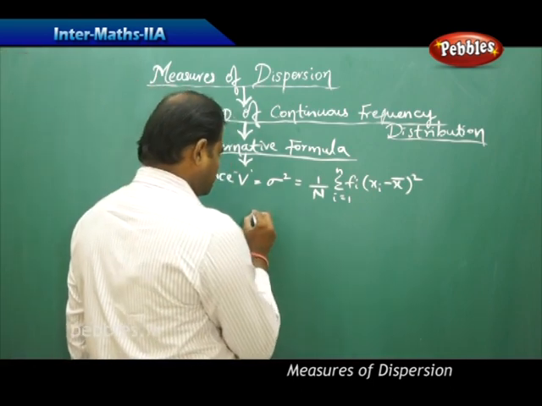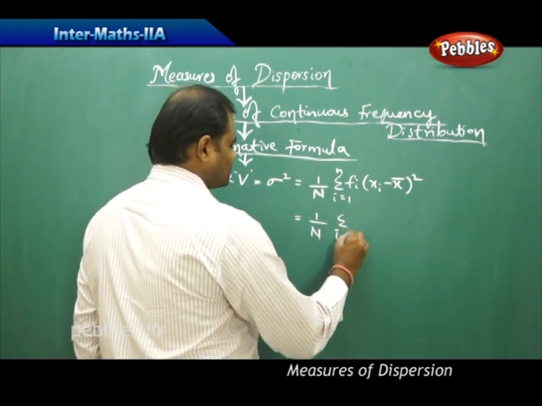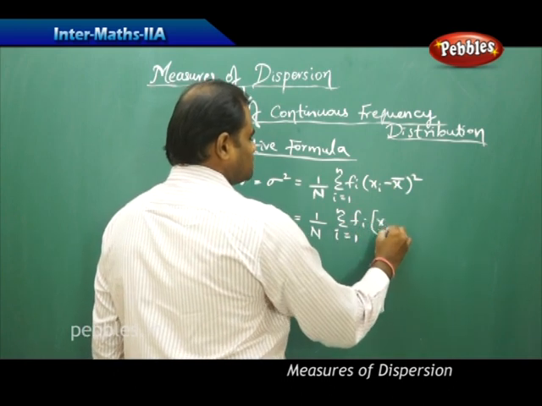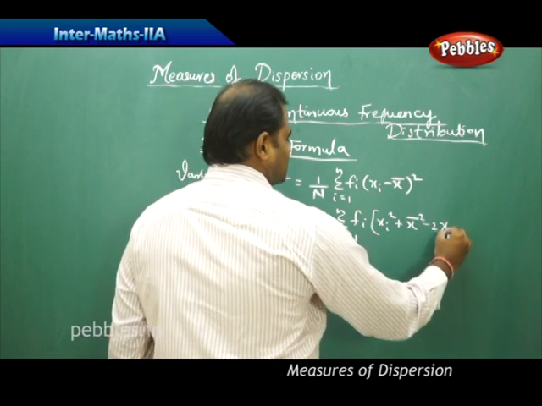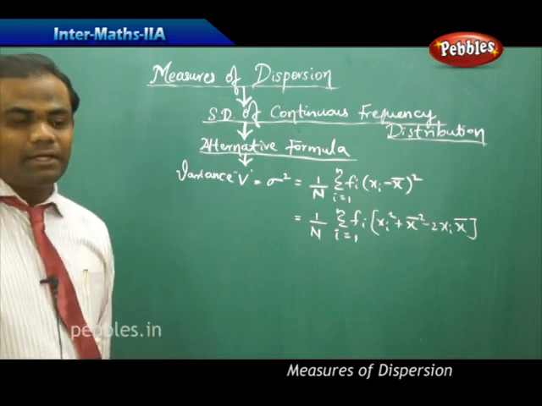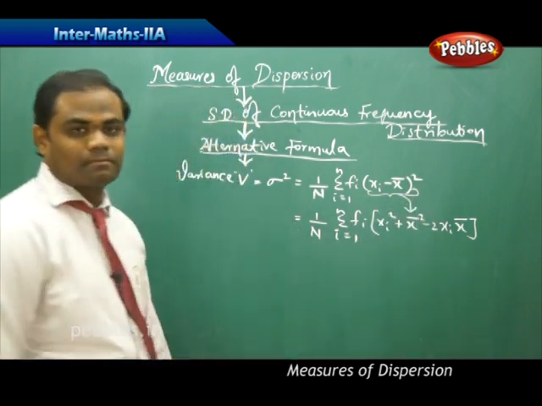Now when I expand this, I get i running from 1 to n of xi minus x bar. Now this is a minus b whole square, which is a square plus b square minus 2ab. When expanded with the formula a minus b whole square, this reduces to this.